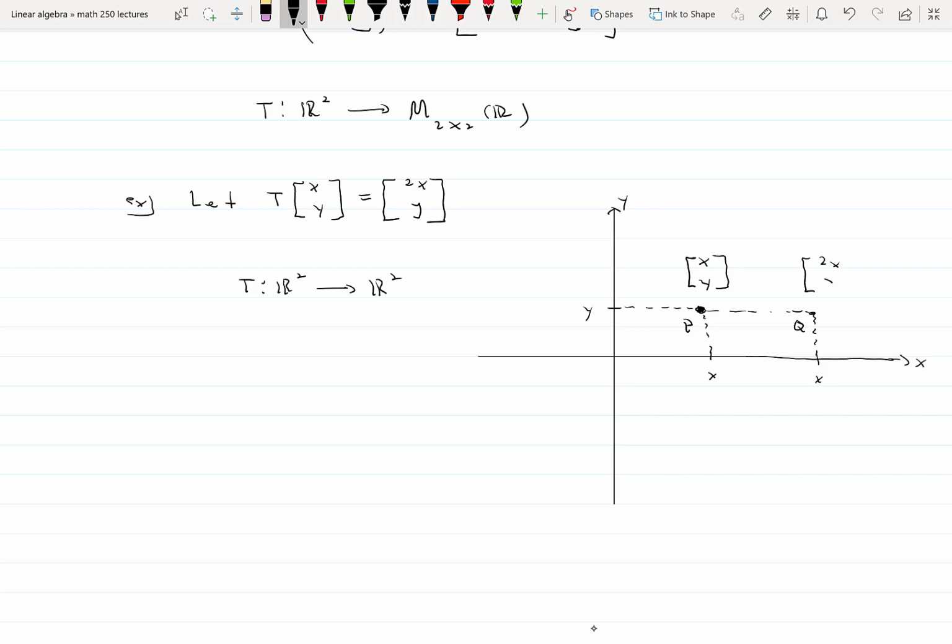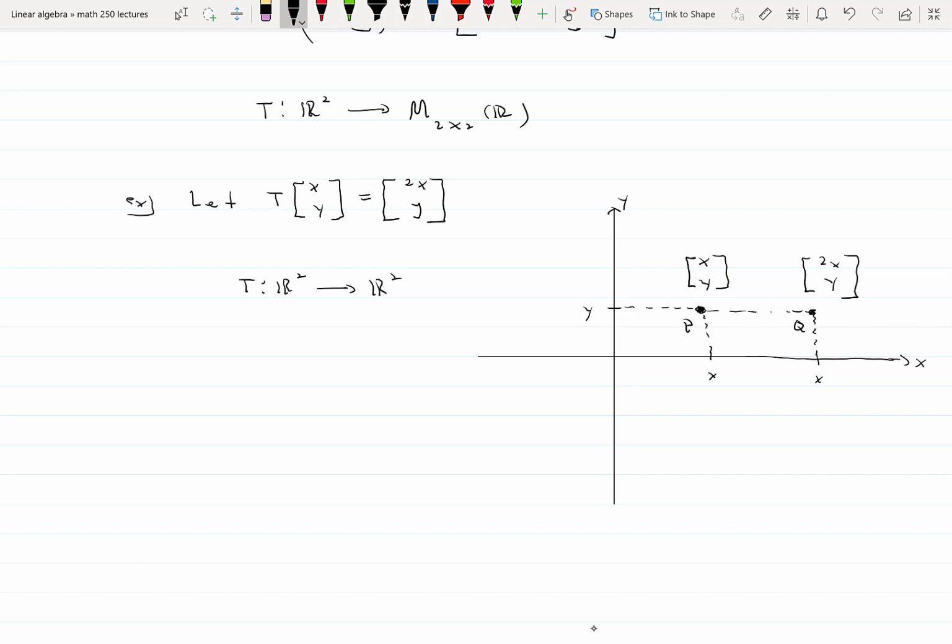Specifically, it takes a point P and doubles the x value. It scales the x component by 2, or multiplies the x coordinate by 2. So it moves points to the right or to the left, depending on whether x is positive, and doubles the x coordinate. Okay.